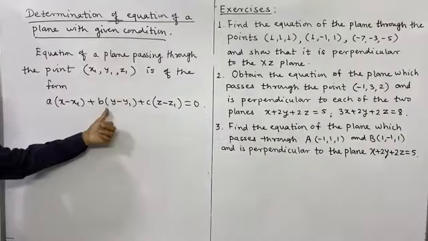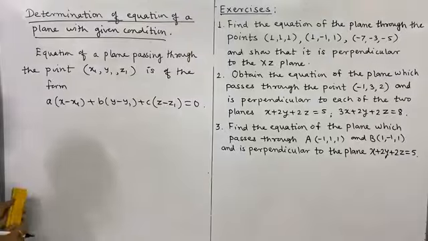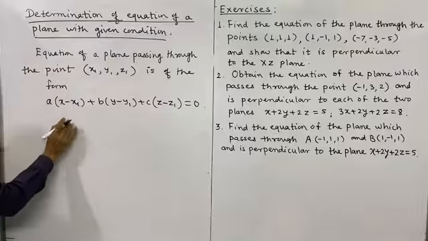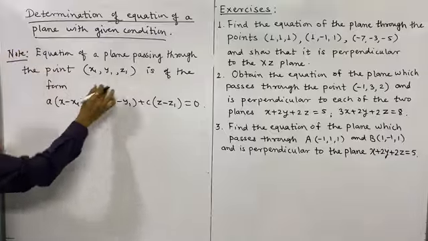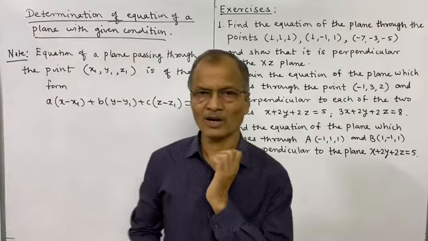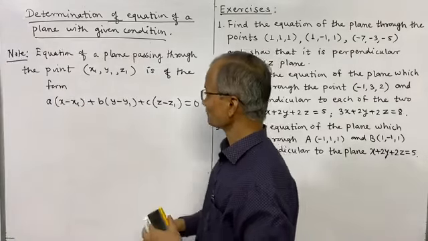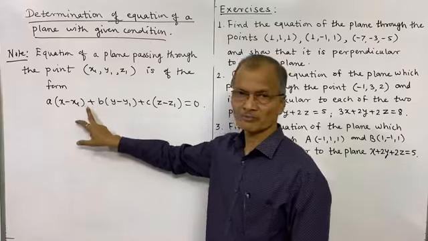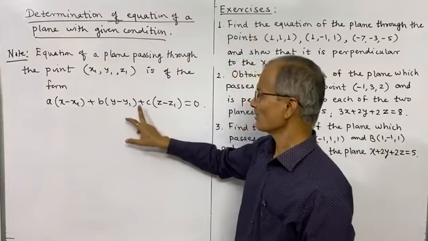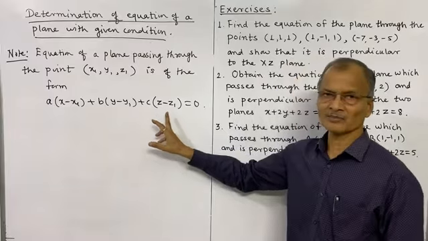So these coordinates satisfy the equation and therefore this is the equation of the plane passing through the point x1, y1, z1. It is easy to write: we write only a into bracket x minus x1 plus b into bracket y minus y1 plus c into bracket z minus z1.